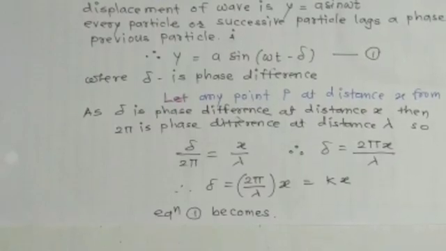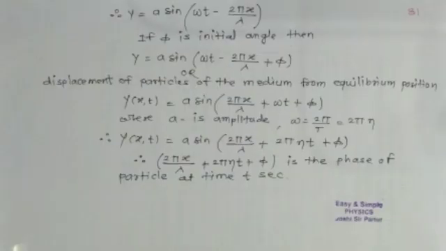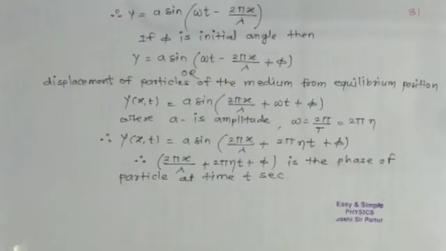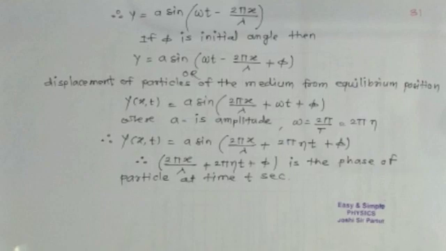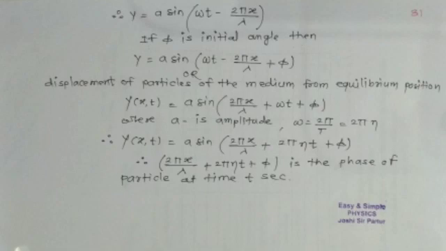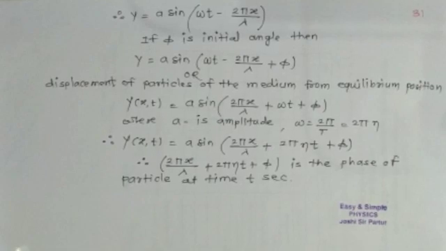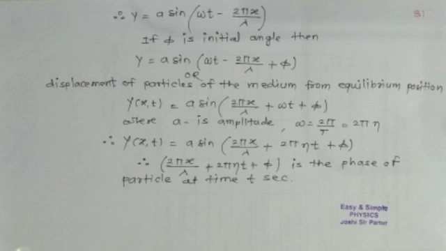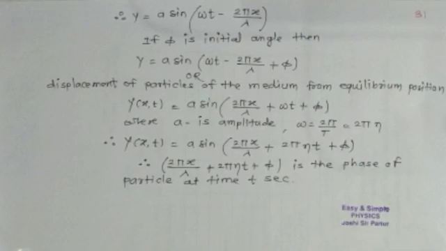So equation 1 becomes y equals a sin(omega t minus 2 pi x upon lambda). If phi is the initial angle, then y equals a sin(omega t minus 2 pi x upon lambda plus phi).